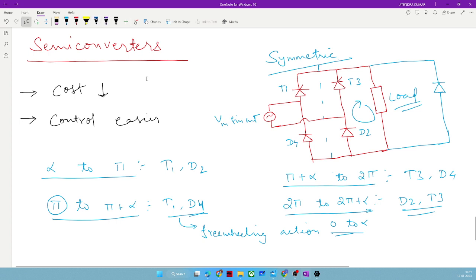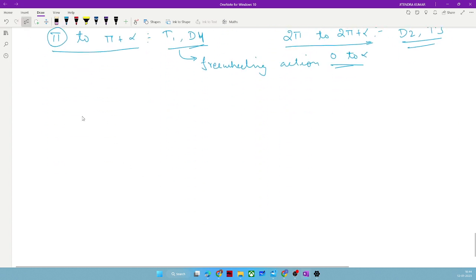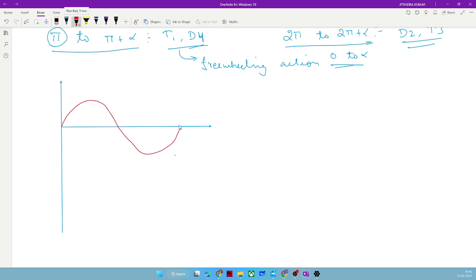We can easily draw the waveforms, right? This is alpha, this is pi plus alpha, this is 2 pi.